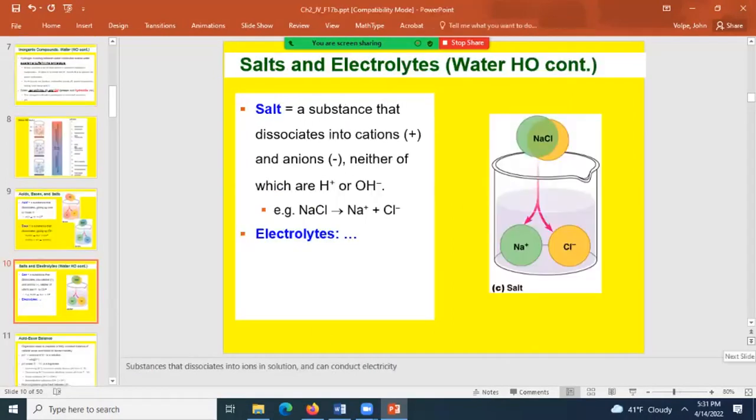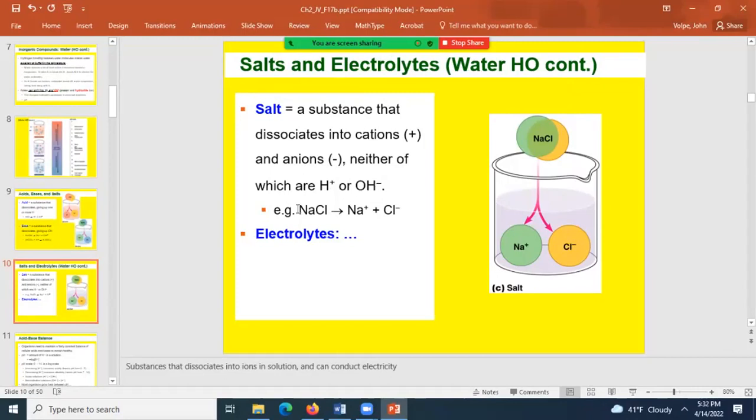A salt is a substance that dissociates in solution, such as water, into a cation, that is an ion with a positive charge, and an anion, an ion with a negative charge, neither of which are H plus or OH minus ions.